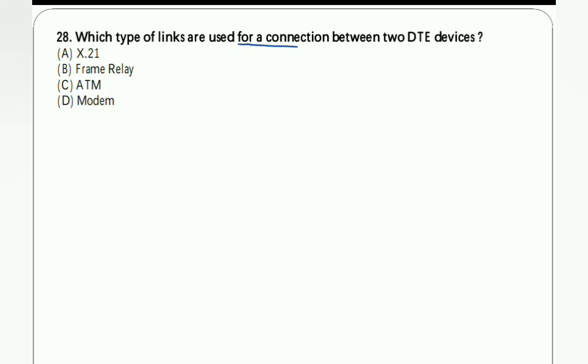Which type of links are used for a connection between two DTE devices? DTE means data terminal equipment. So it is a terminal or a computer, and DCE means it is a modem or another carrier owned device. So if you want to connect two DTEs, that means if you want to connect two computers here, then what do you need?